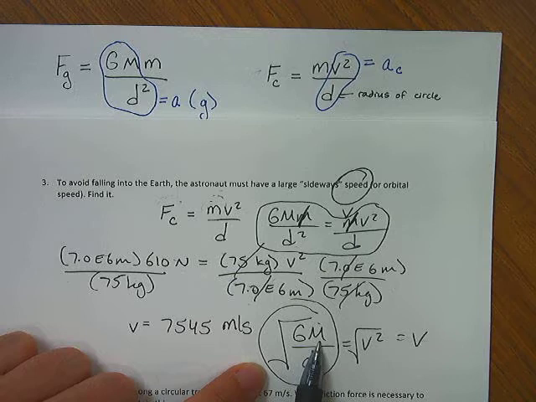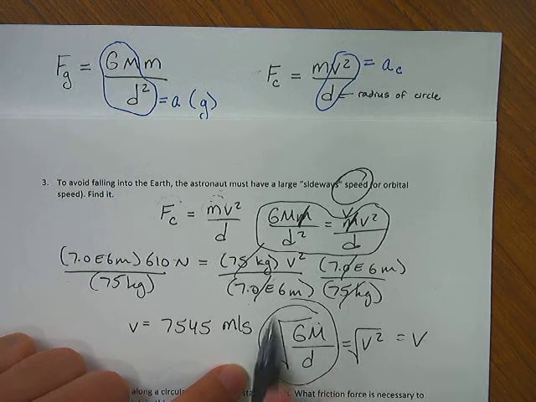So this is another way to find the speed of a satellite. Not the speed of a car or the speed of an earthworm, but the speed of a satellite. So GM over d. Okay, and this is the mass of the Earth. And this is the distance. It's not diameter. It's distance from the middle of the Earth to the astronaut.